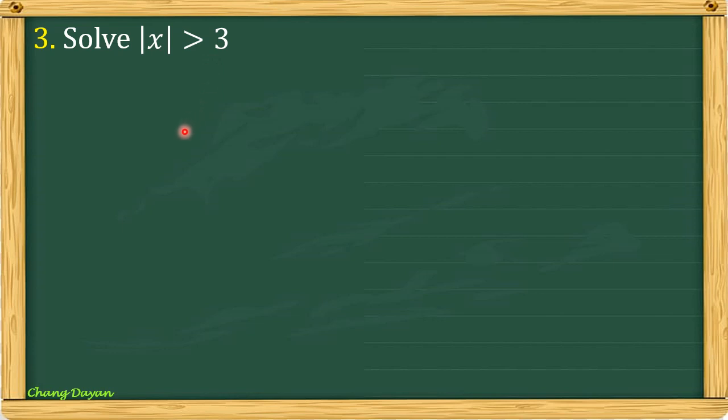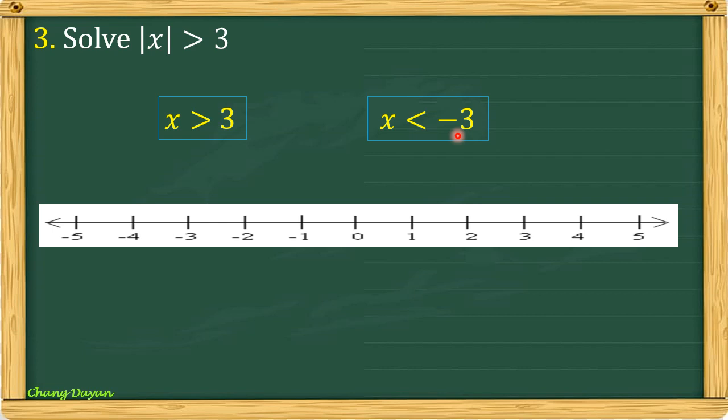So we have now x greater than 3 and then x less than negative 3. To get this one, you will just get the opposite sign of greater than is less than. The opposite of 3 is negative 3. And let us plot the point.